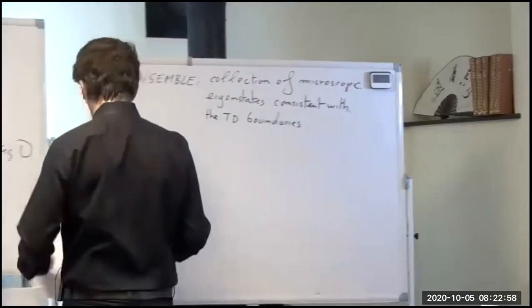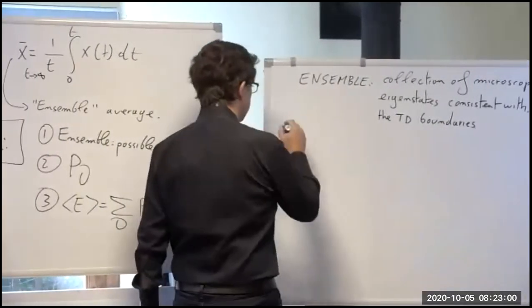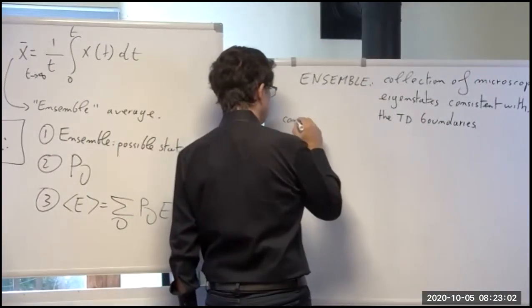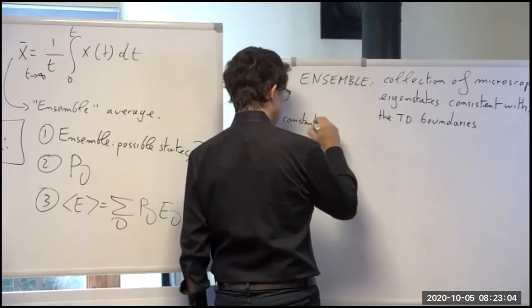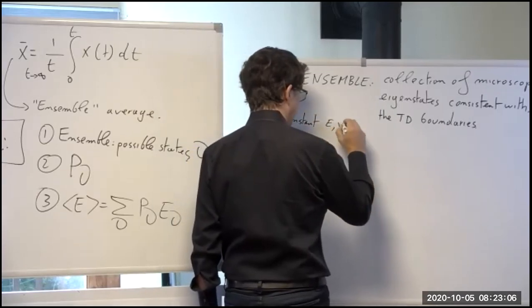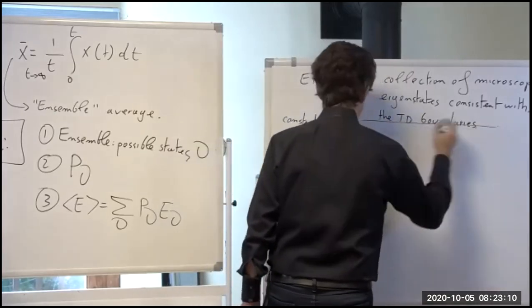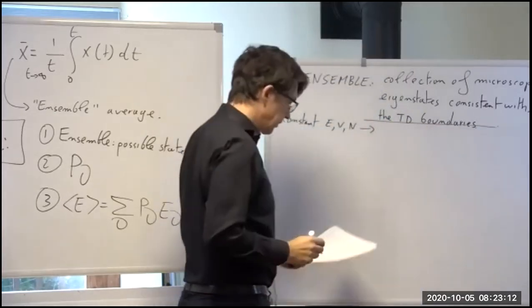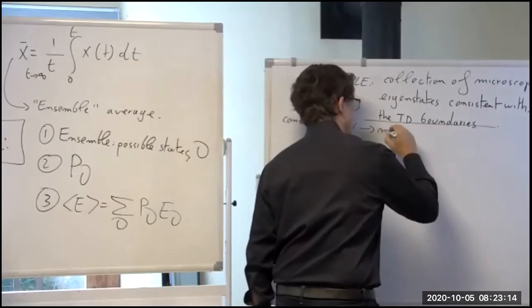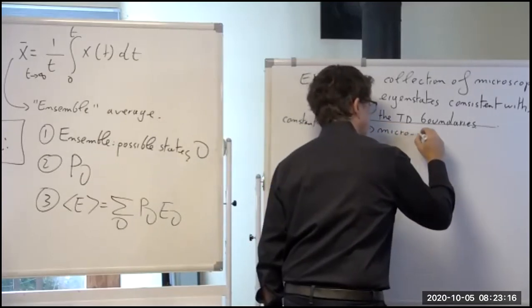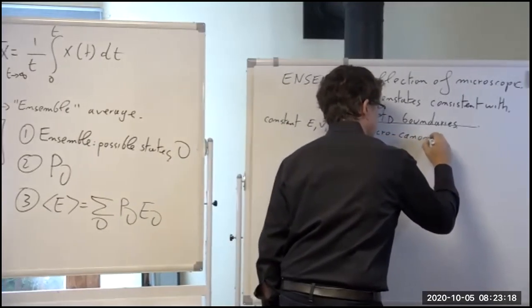So, for example, if our boundary conditions are constant energy, volume, and number of particles, this has a name. This is called the microcanonical ensemble. Microcanonical.